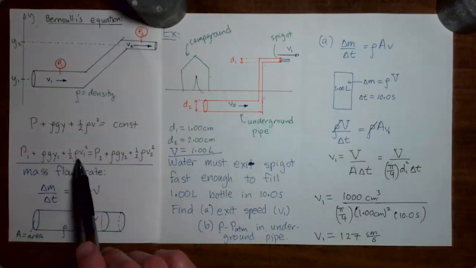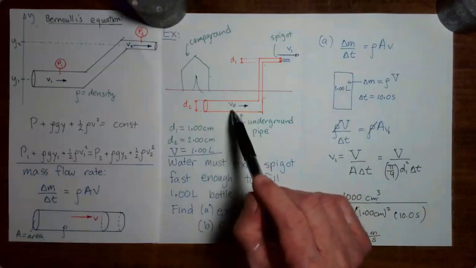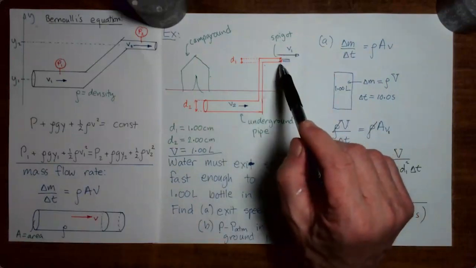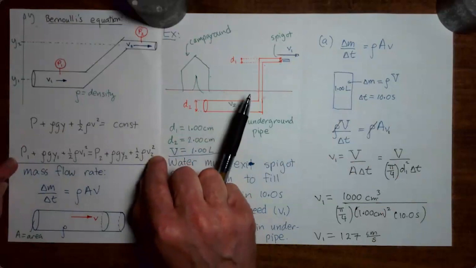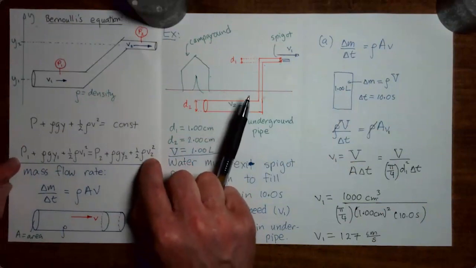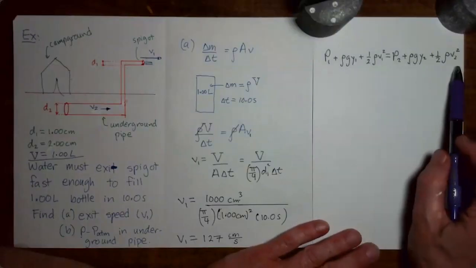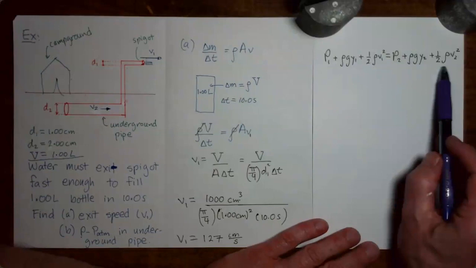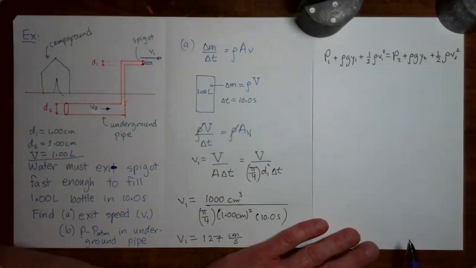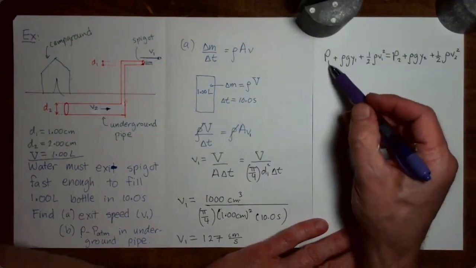So let me just take Bernoulli's equation over here as written, connecting point 2 in the flow to point 1. I'm going to just copy this over, and then we're going to talk about how we apply this to the problem at hand. So now I've taken Bernoulli's equation and just copied it over here. The first thing I want to do is look at P1 here.